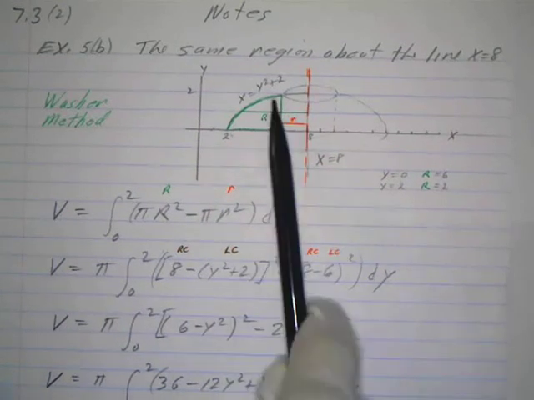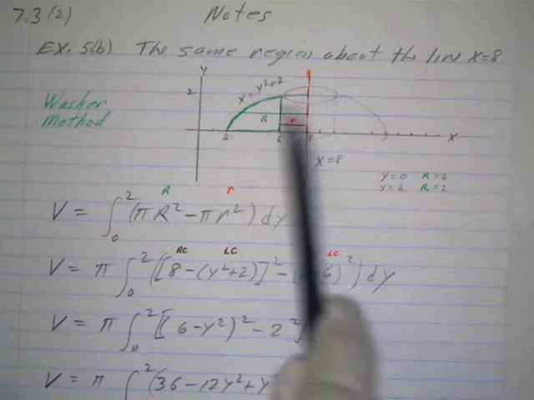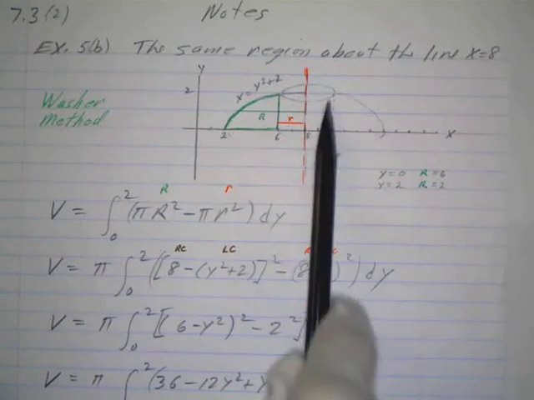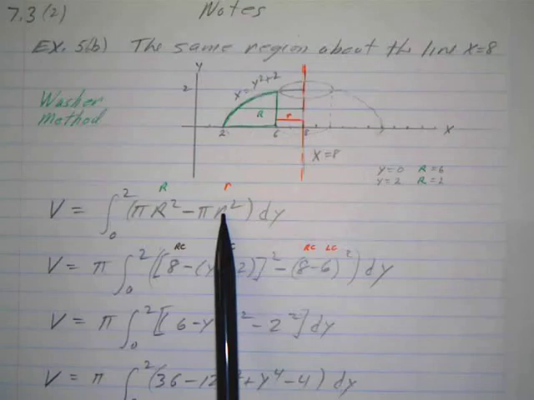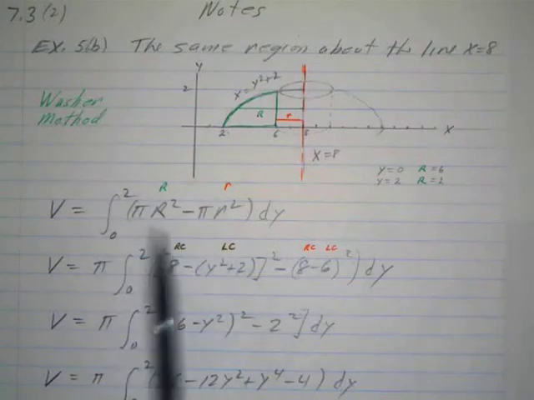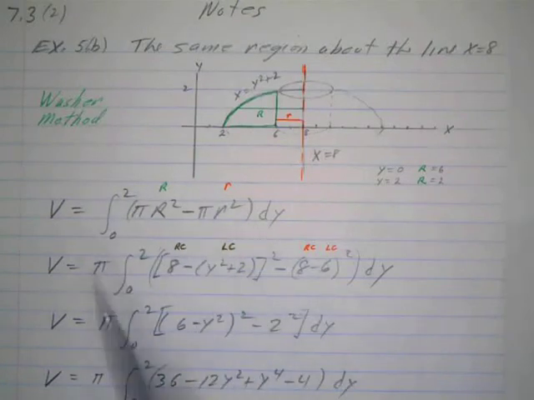Then if we drilled a hole down the center of it, we would have this big cylindrical part that we're pulling out. So that's going to be the minus pi r squared. This is the big part minus the inside part, which gives me what's left over when revolved about the line x equals 8.